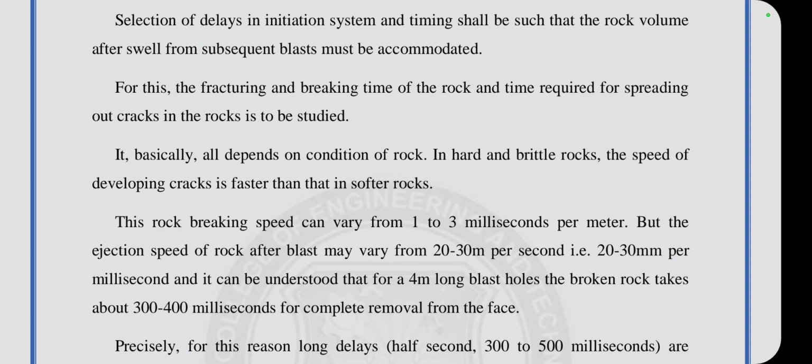This crack spreading speed can vary from 1 to 3 milliseconds per meter, but the ejection speed of rock after blast may vary from 20 to 30 meters per second, that is 20 to 30 mm per millisecond. It can be understood that for 4 meter long blast holes, the broken rock takes about 300 to 400 milliseconds for complete removal from the face.